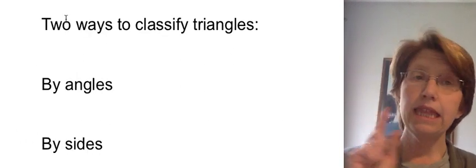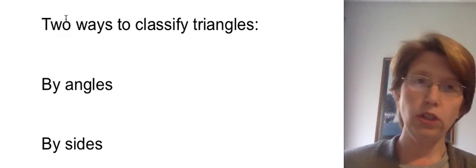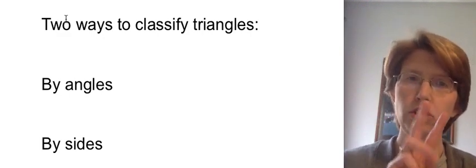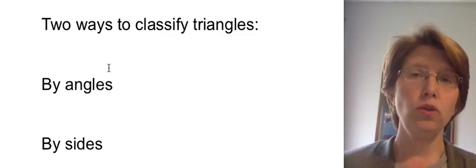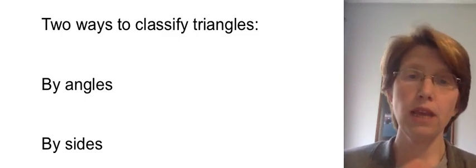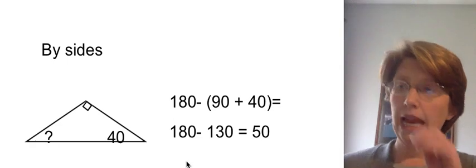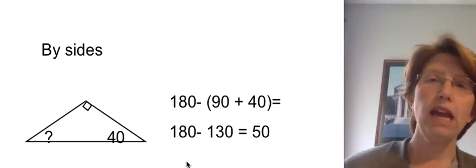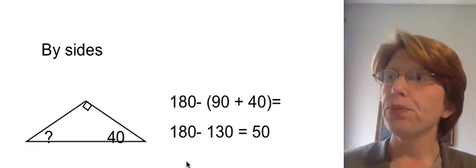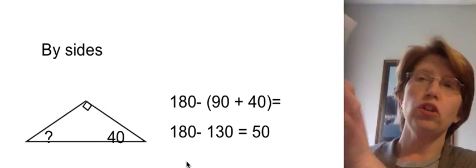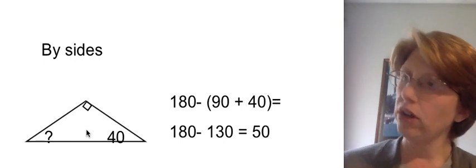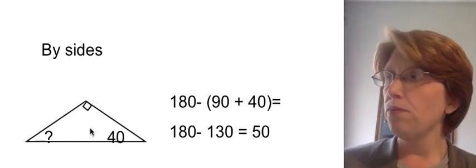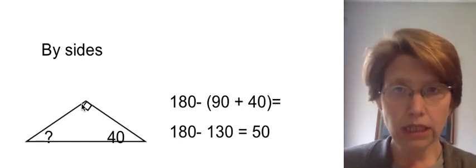Now, we're going to take that knowledge and look at 1, 2, 3, and 4, and we're going to do two different things. They ask you to identify the triangle according to its angles, and then they ask you to find the missing angle. So if you're looking at this blue triangle here, I see a box in one corner.